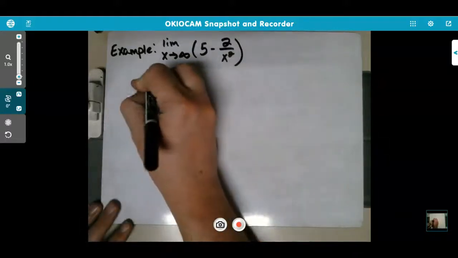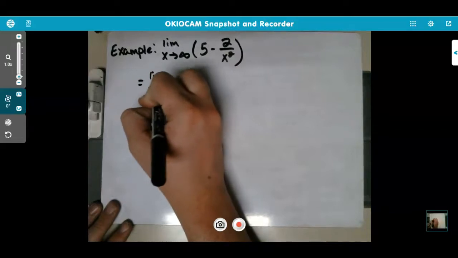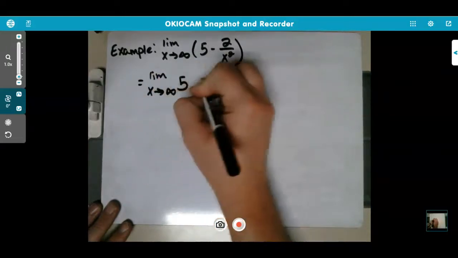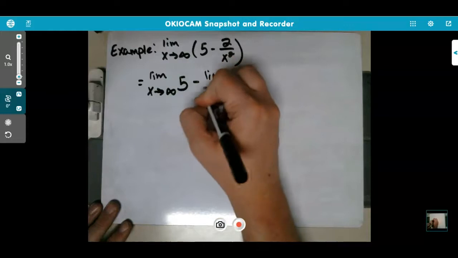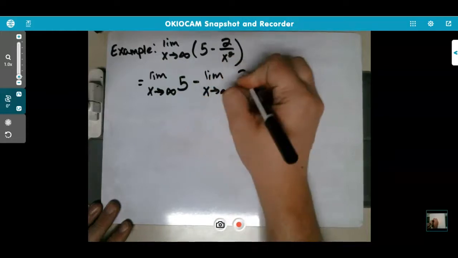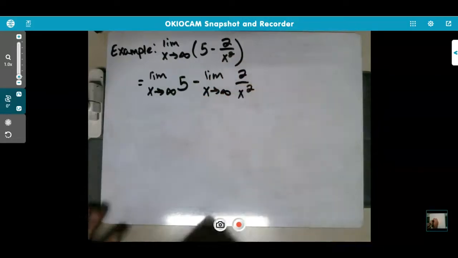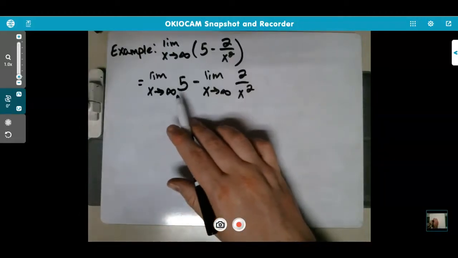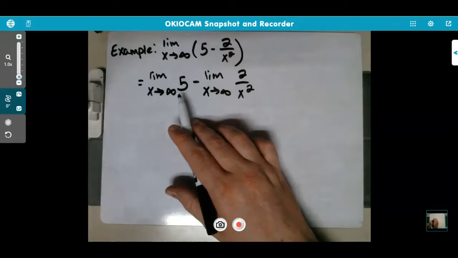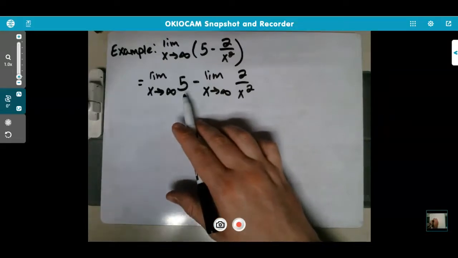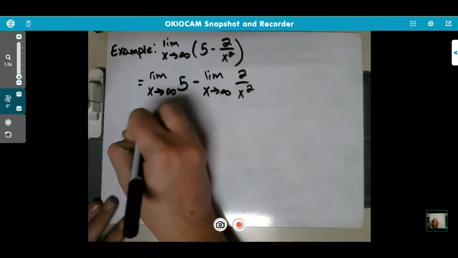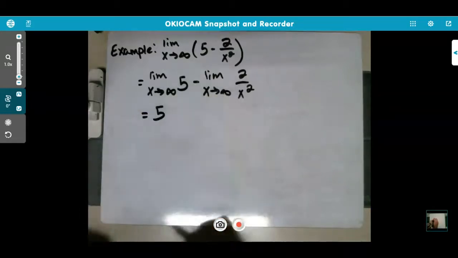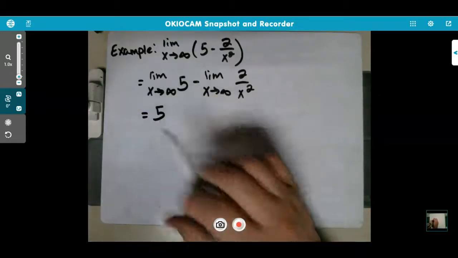So I can look at this as the limit as x goes to infinity of 5 minus the limit as x goes to infinity of 2 over x squared. Now, this first part here isn't that hard, right? Because since it's a constant, it's just going to always be that constant. So this first part is just a 5. That isn't bad. It will always be 5, and so I get 5.